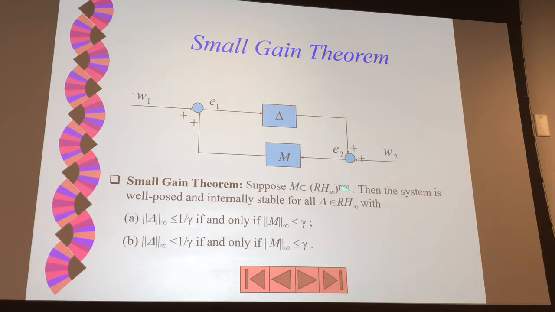And M is P times Q. RH infinity, you know the space is called all rational stable transfer function matrices. Okay? In this PQ space. And of course, for any given transfer function, we can check whether it is well posed or internally stable.